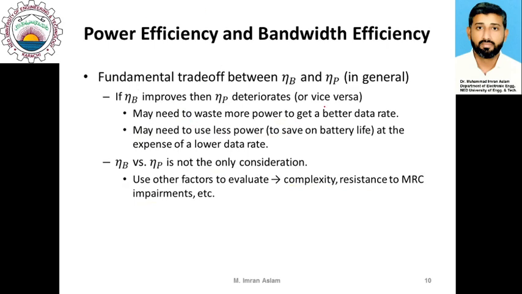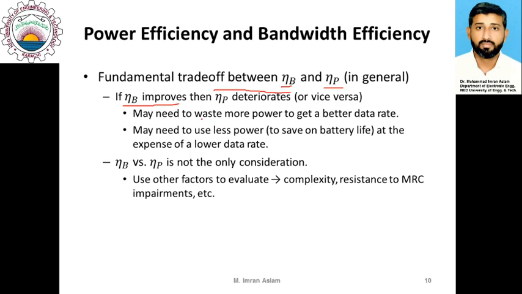Moreover, there is a trade-off between this bandwidth efficiency and power efficiency as well. If we try to improve the bandwidth efficiency, the power efficiency decreases. So again, there is a trade-off between bandwidth efficiency and power efficiency.